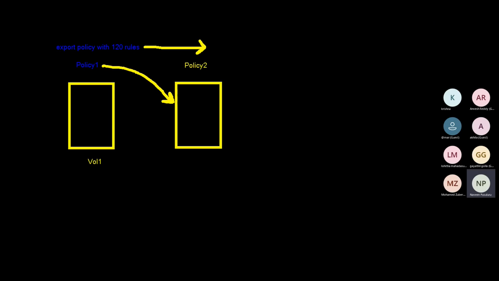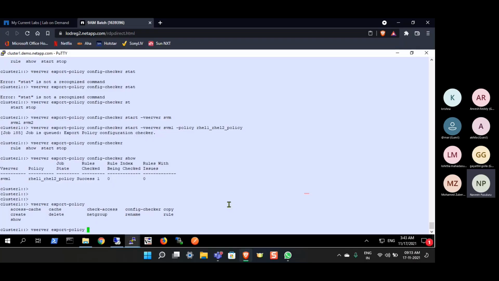Instead of that, I can copy the same rules to another policy. After that, I'll remove the 20 rules which I don't need, which is the easiest way. When you compare it with creating 120 rules, deleting 20 rules is the easy way. So the copy command will be helpful to copy all the rules in one export policy to another export policy.